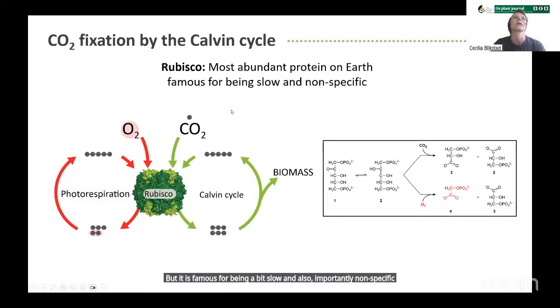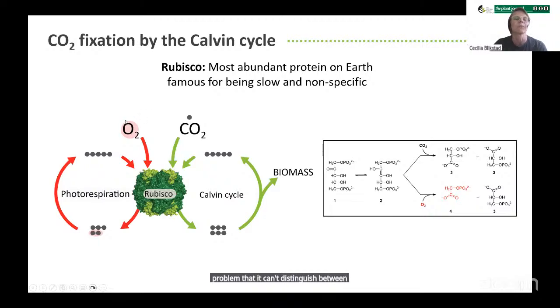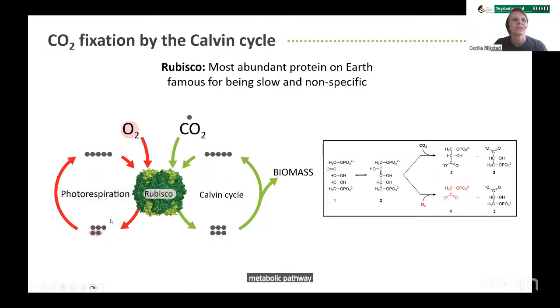It can catalyze its natural reaction with CO2, but it has this inherent problem that it can't distinguish between CO2 and oxygen. If it catalyzes the reaction with oxygen, it causes photorespiration, which is a costly metabolic pathway where it has to regenerate this 2-carbon product.